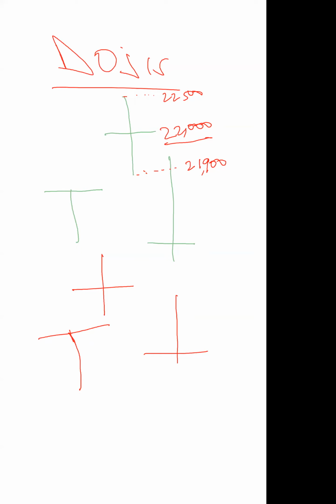Now, if this happens on a clear trend, just know this gives you a signal that the trend is over. Let's say we were in an uptrend, it means the bulls have lost momentum. The buyers and the sellers have come into the market. Let me just show you this.